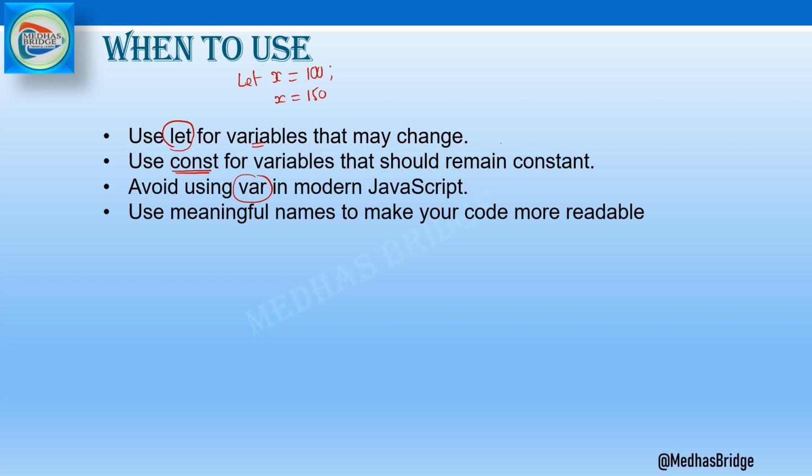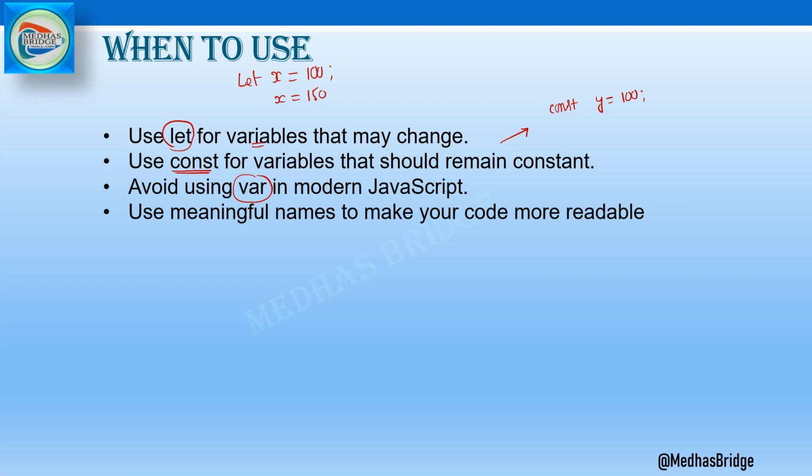Whereas const means you don't want the value to be changed, the value remains constant once you declare the variable and assign it. So const is a keyword, and let's say y equal to 100. This means within the scope, in the entire program lifecycle, this value remains the same. If you try to modify the value, it throws an exception. That's the meaning of the const keyword when you apply it to a variable.